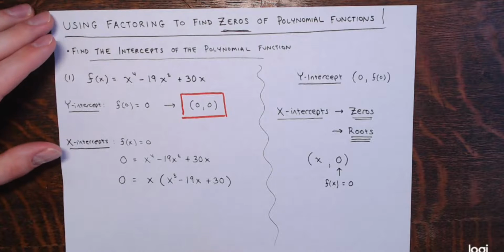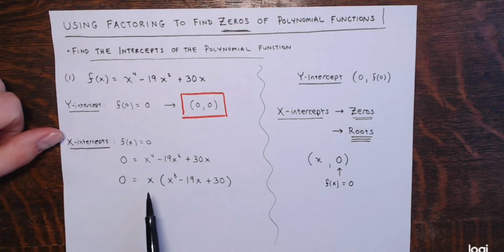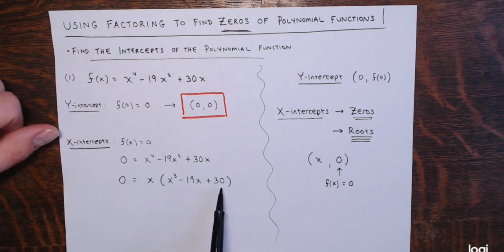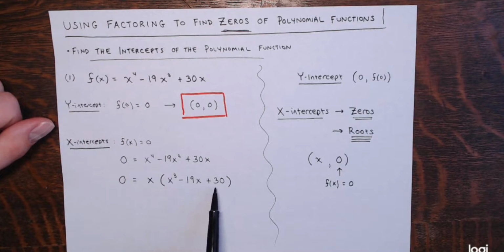Now this here, x cubed minus 19x plus 30, can be factored further, but we haven't seen a method for that just yet.